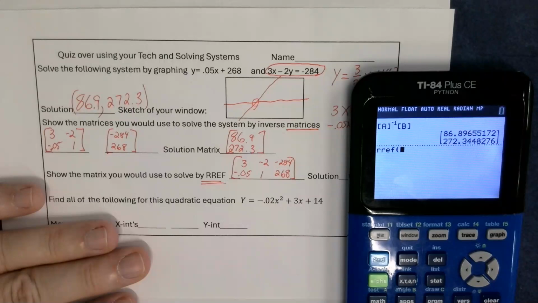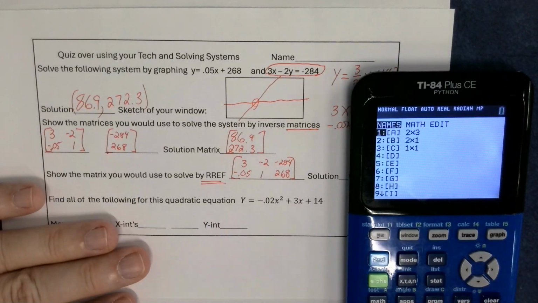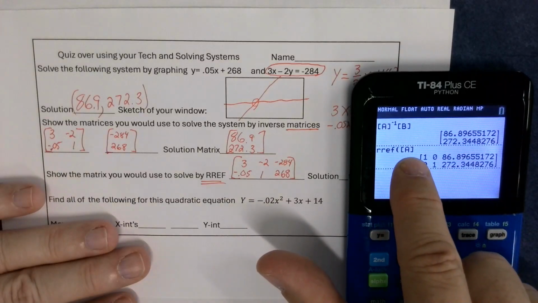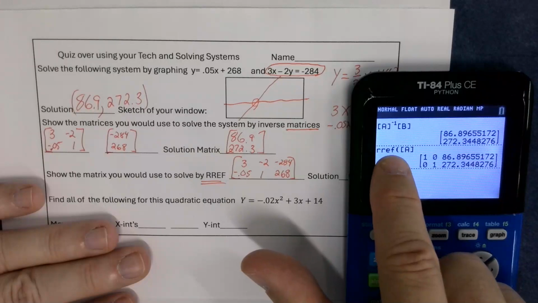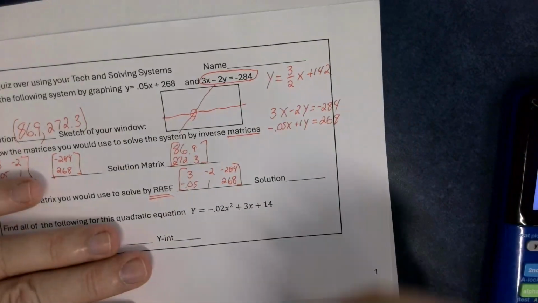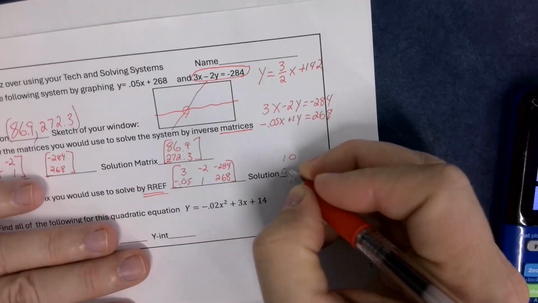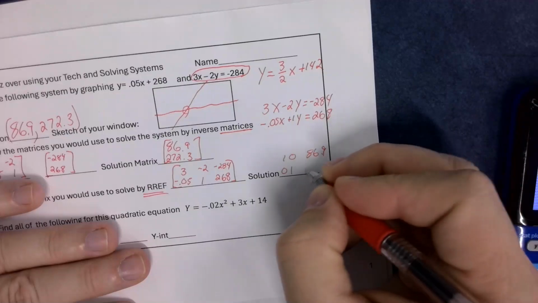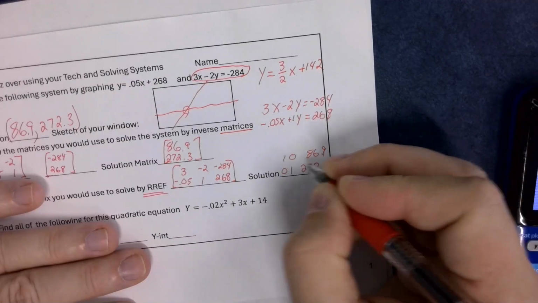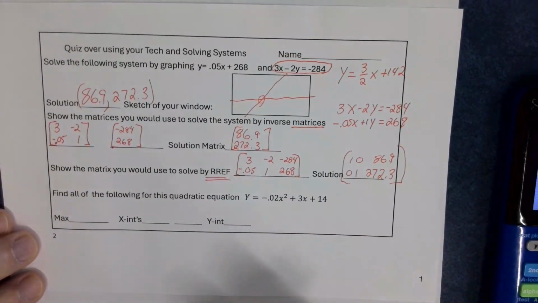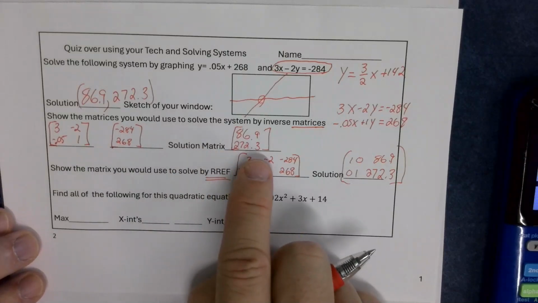Go ahead and hit enter, and I want to do that for matrix A. You can see, as soon as I do RREF, which stands for reduced row echelon form, I get 86.9 and 272.3, the same numbers that I got before. So I get a 1001 and an 86.9 and a 272.3.